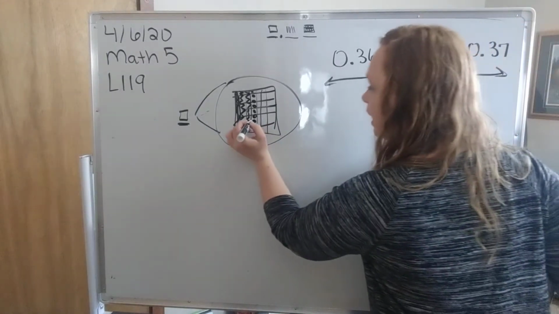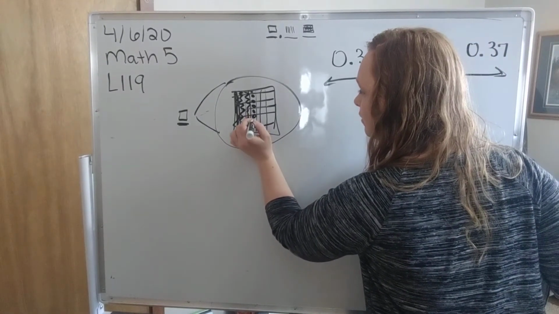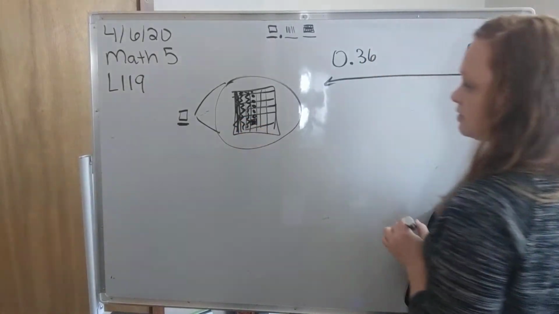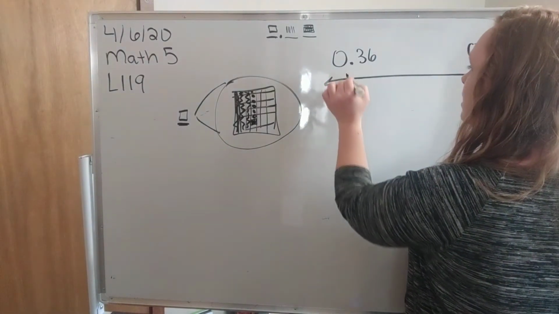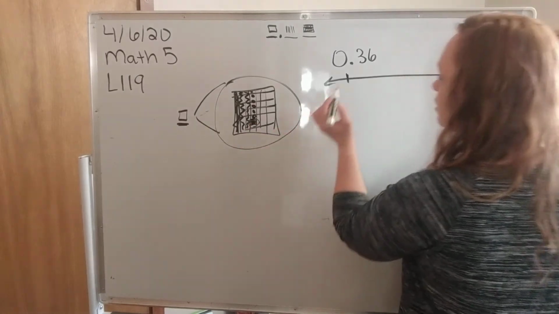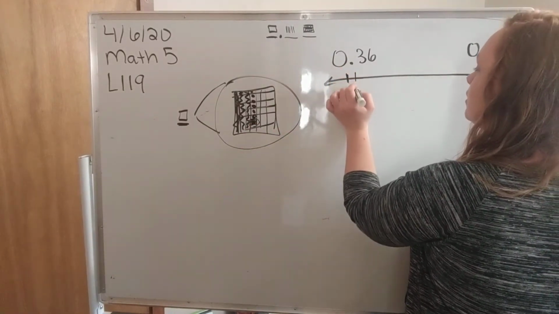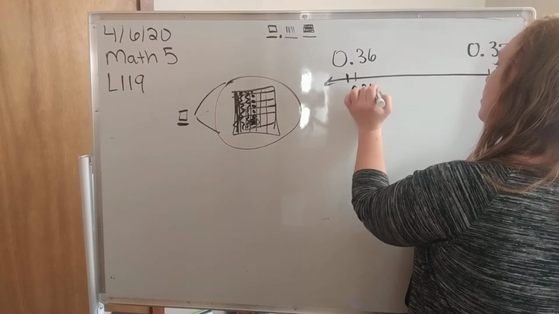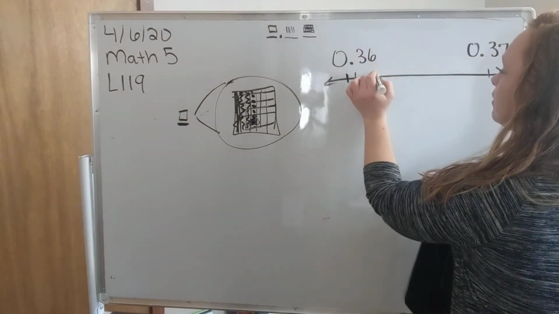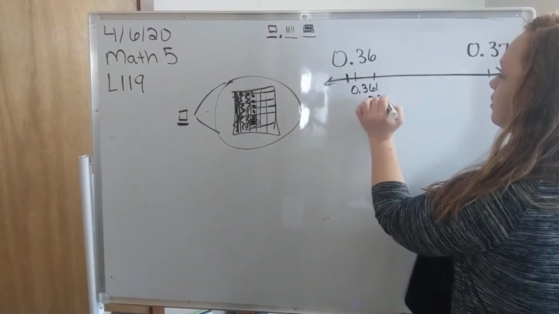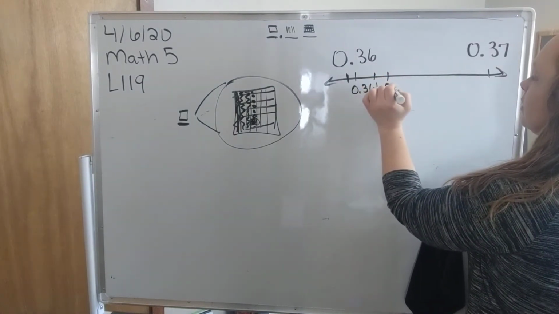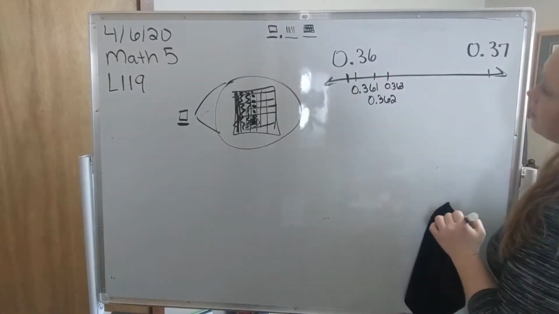So what we're looking at is breaking this 37 hundredths up into 100 little pieces, into thousandths. Okay, so what happens in between this number and this number are the thousandths place. So we would have 0 and 361 thousandths, and then we would have 0 and 362 thousandths, and so on. 0 and 363 thousandths.